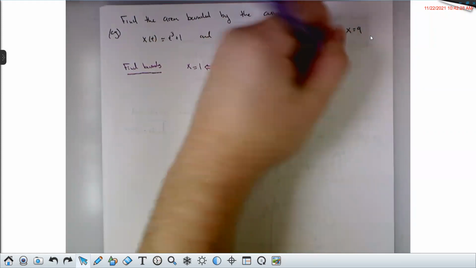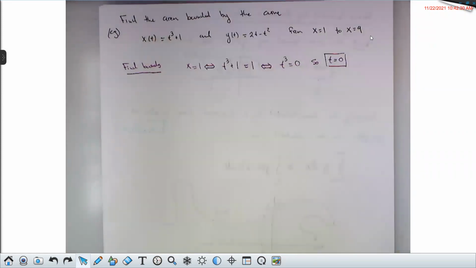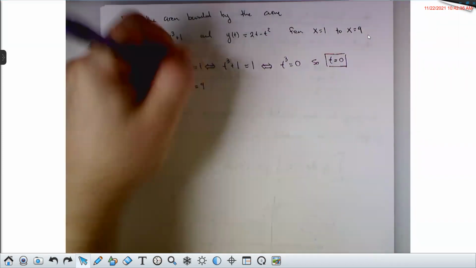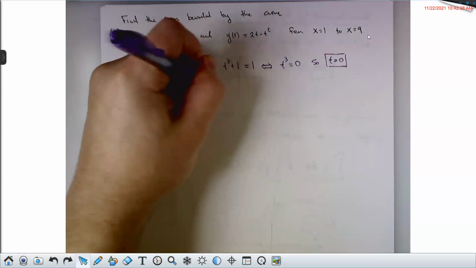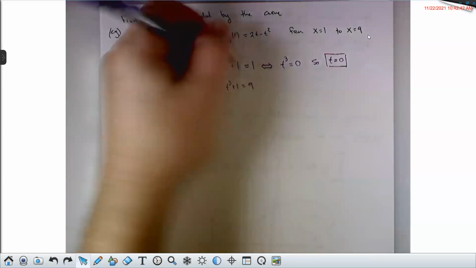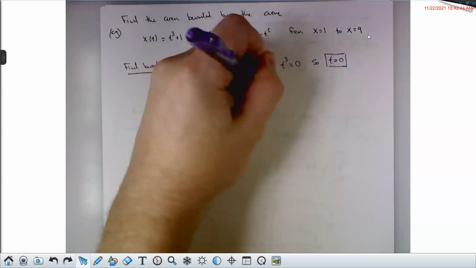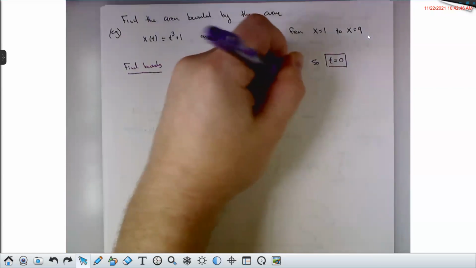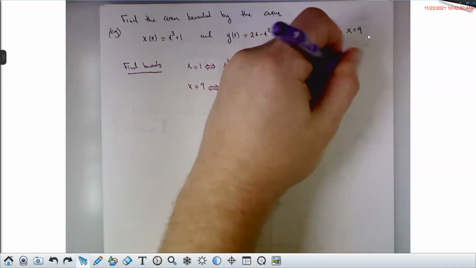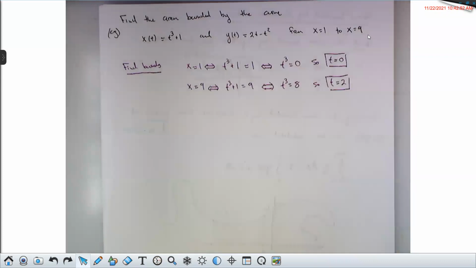The first point is the point associated with t equals 0. Also, x equal to 9 would mean that t cubed plus 1 is equal to 9. t cubed is equal to 8, so t would be the cube root of 8, which is 2. So I'm integrating from 0 to 2.